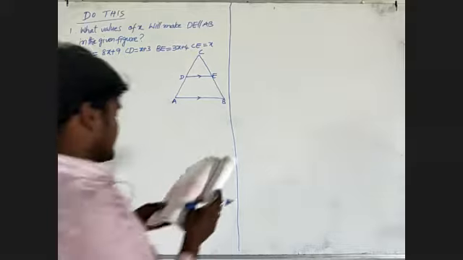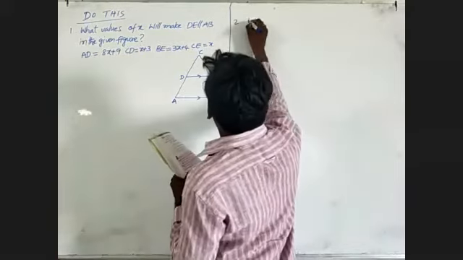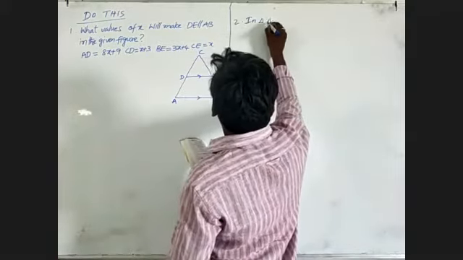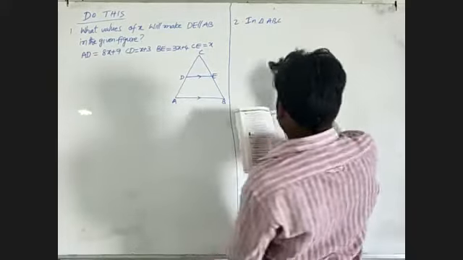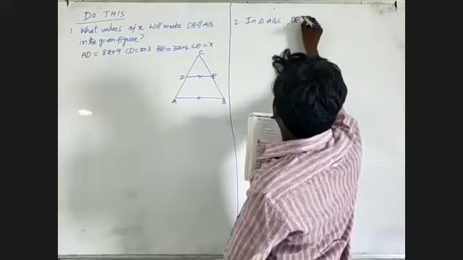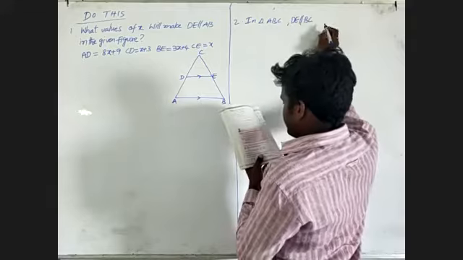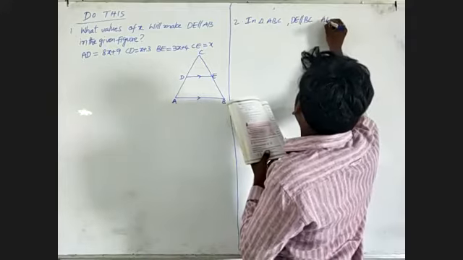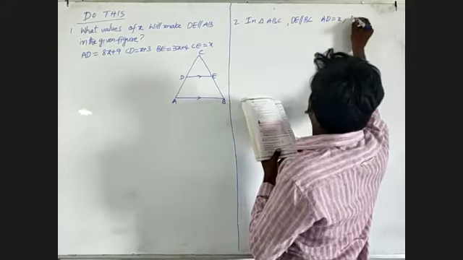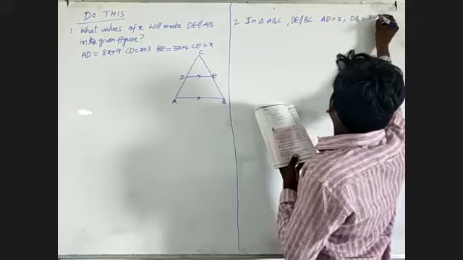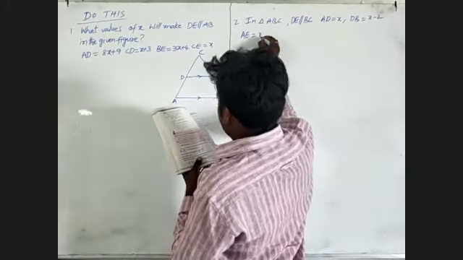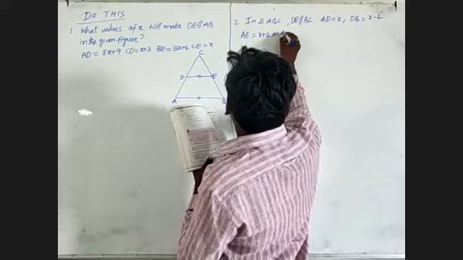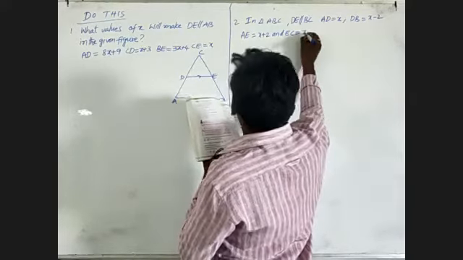Now I am going to the second one. In triangle ABC, DE is parallel to BC, where AD is equal to x, DB is equal to x minus 2, AE is equal to x plus 2, and EC is equal to x minus 1.